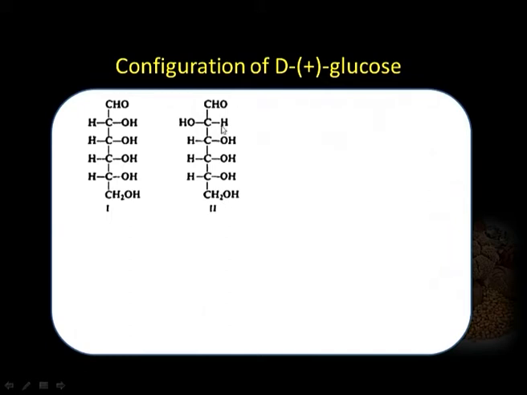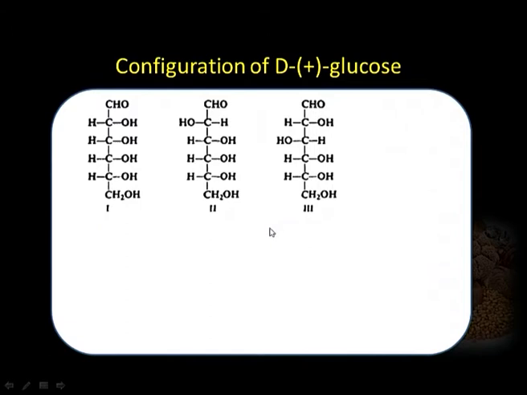We discussed epimers in our last session: aldoses which differ in configuration at the second carbon atom are called epimers. So in this second configuration, the hydroxyls at carbons 3, 4 and 5 are on the right side and the hydroxyl at carbon 2 is on the left side. So 2 is the epimer of 1.